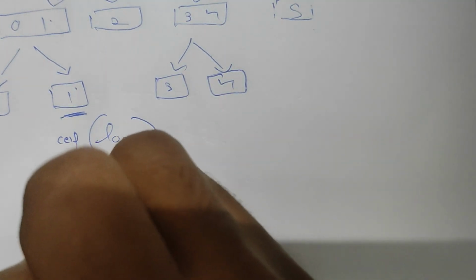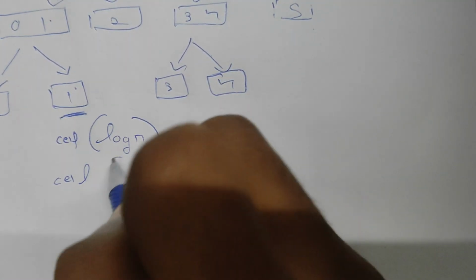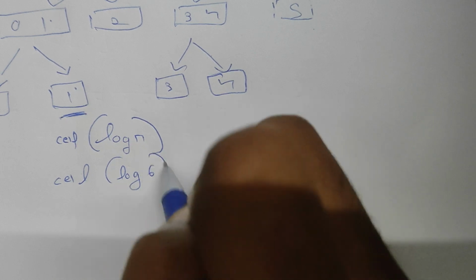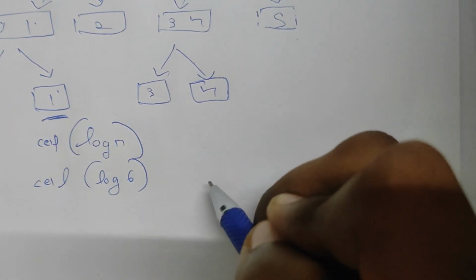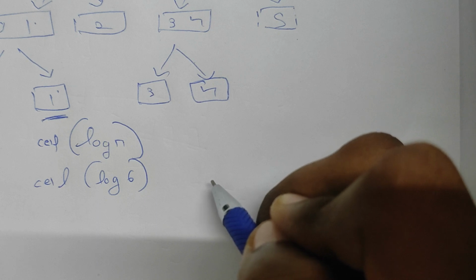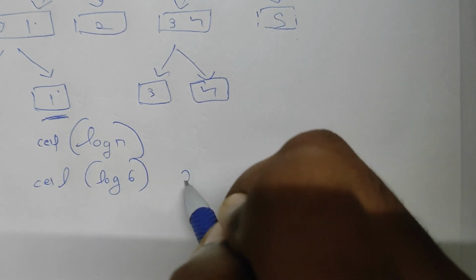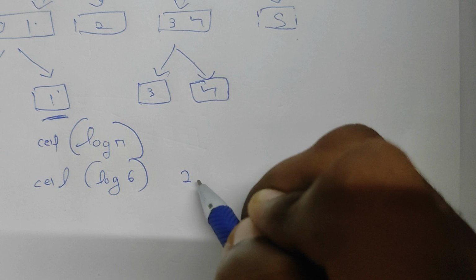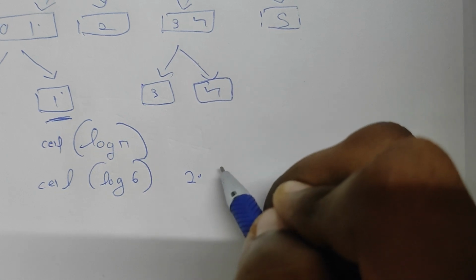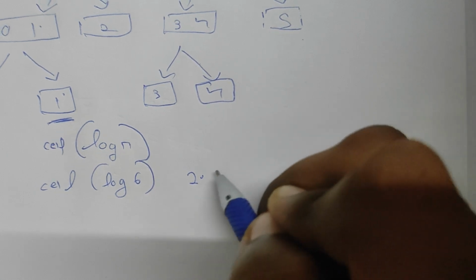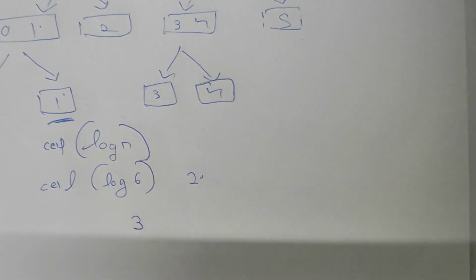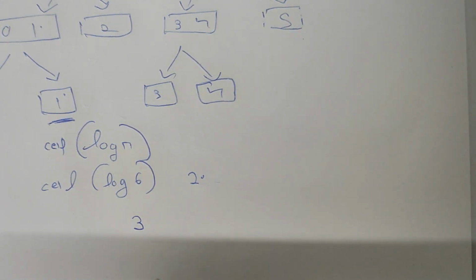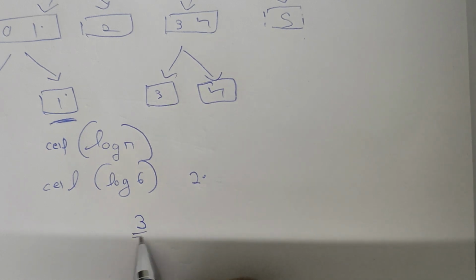So we have to take the ceil of log 6. What is log 6? Log 6 is 2 point something, right? If we take the ceil of that, we will get 3. So 3 elements should be affected.